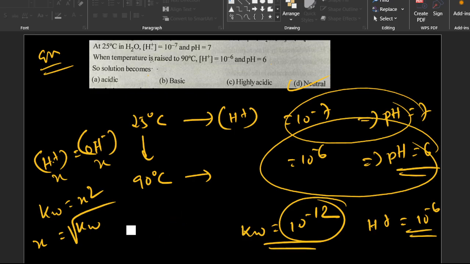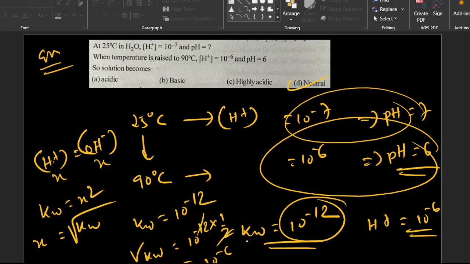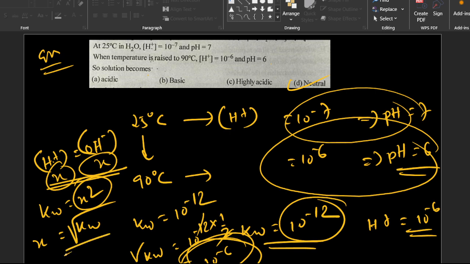And if Kw is 10 raised to minus 12, then root Kw, the square root, is equal to 10 raised to minus 6. So for neutral, that's why we take these as the same, we take this as x square and take the square root, and we get 10 raised to minus 6. So all of this is happening at neutral.